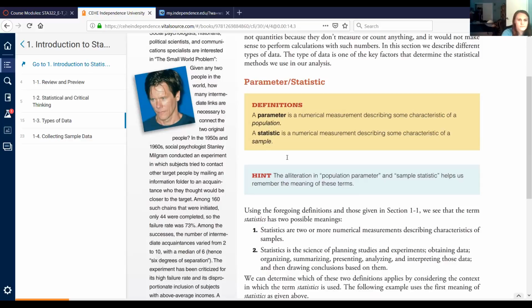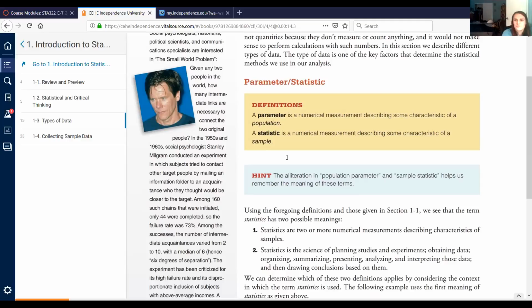If we were looking at the example of people who felt that their education had helped them in their career, and we were looking at 15 years worth of graduates, and taking a sample, say 10% of those, then a question like, are you working, would be a statistic for that sample.